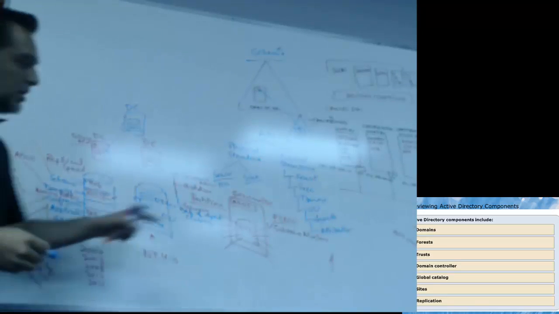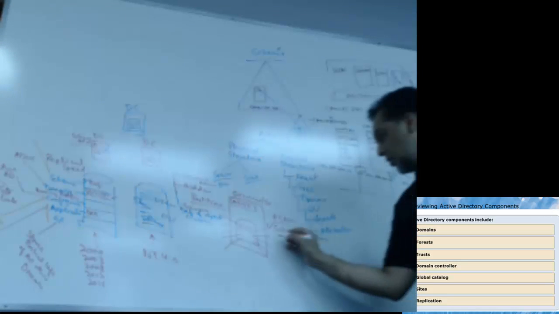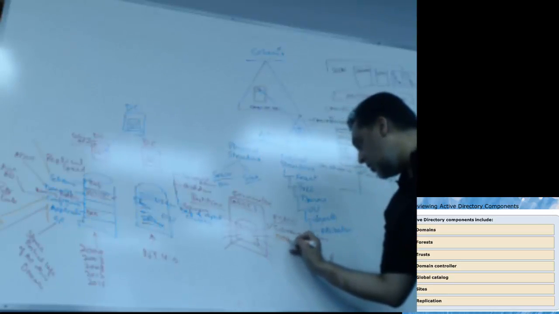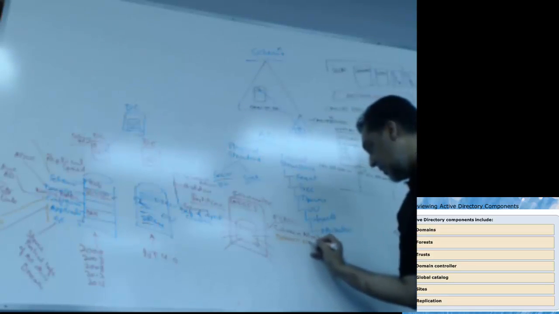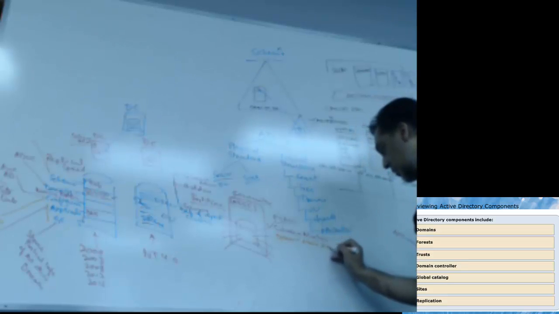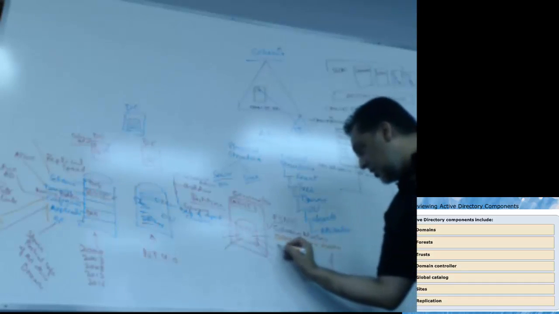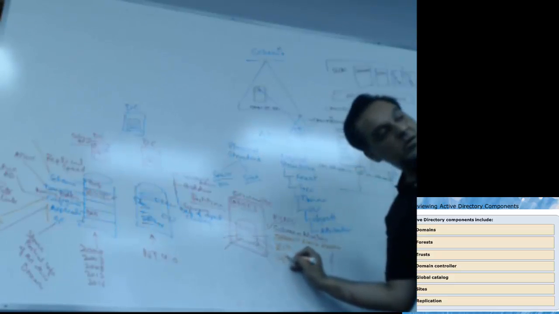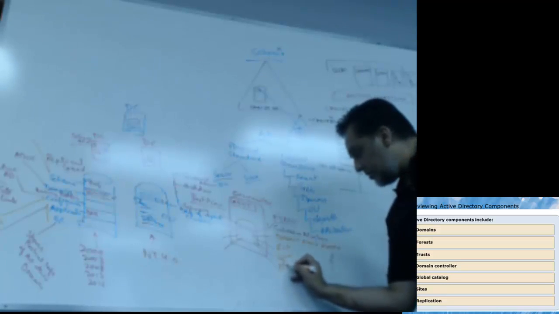Now, guys, here you have schema master. What is the second one? It is domain naming master. Next one: RID master, infrastructure master, and PDC emulator.